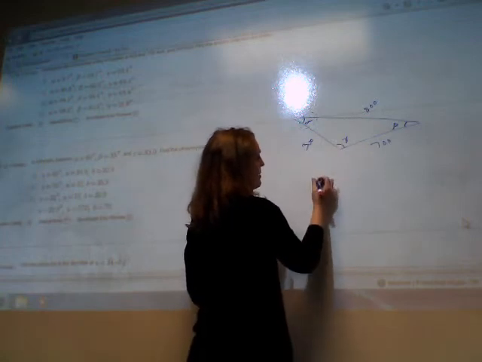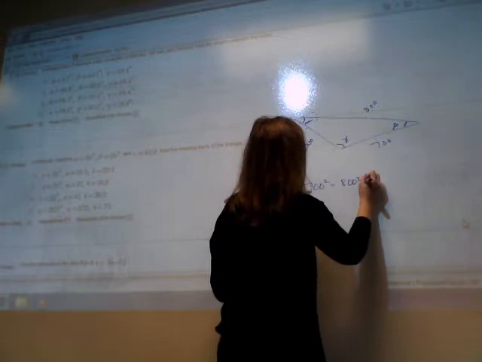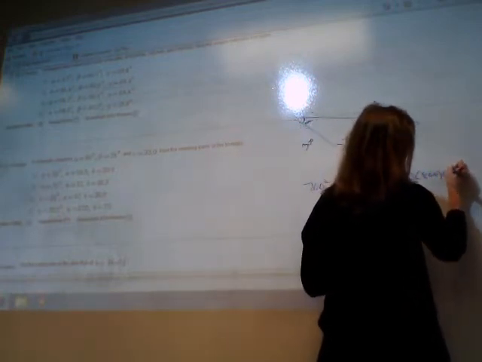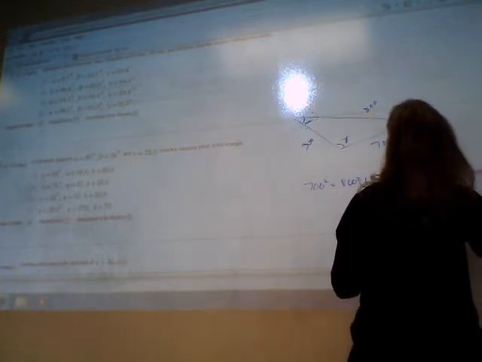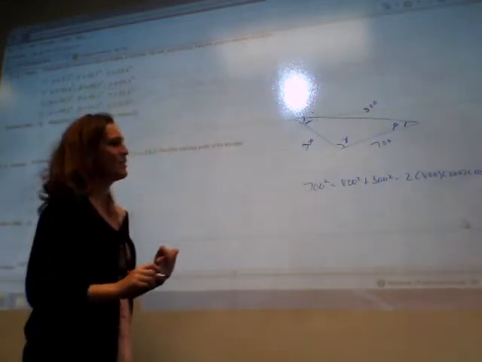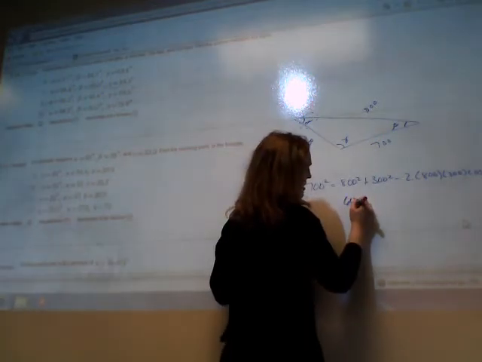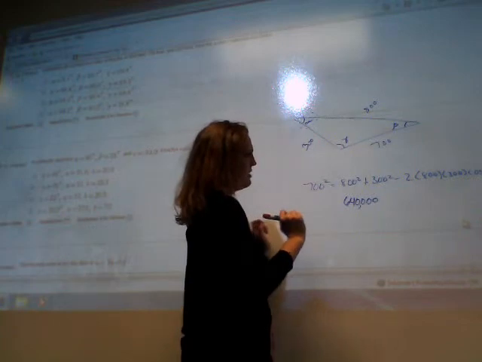So we have that 700 squared is equal to 800 squared plus 300 squared minus 2 times 800 times 300 cosine of alpha, right? I forgot which angle momentarily we were solving for. Okay, so what is this? 640,000, is that right?